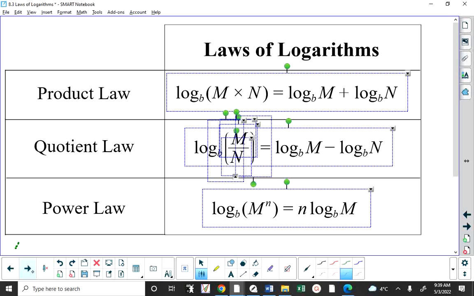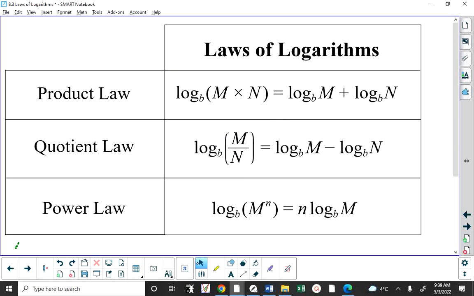So first of all, what does the product law say? This is very important that you listen to what I'm saying verbally. The product law says the logarithm of a product is the same as the sum of the logarithms.